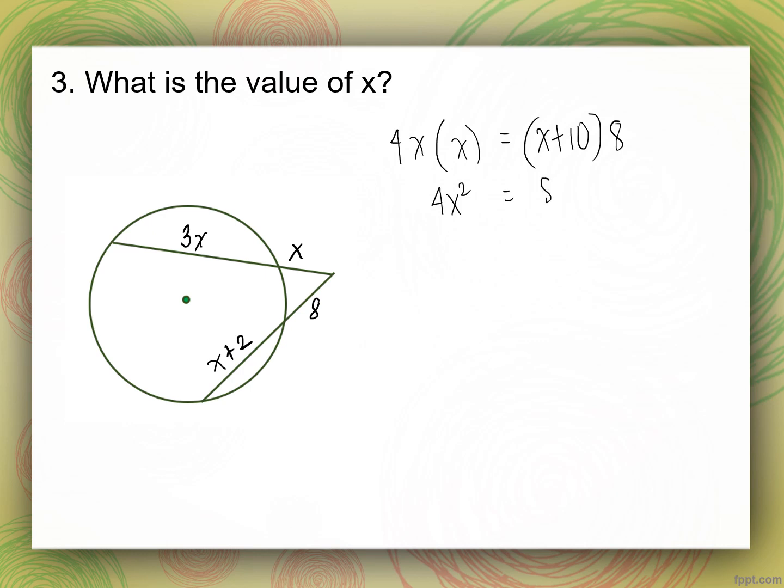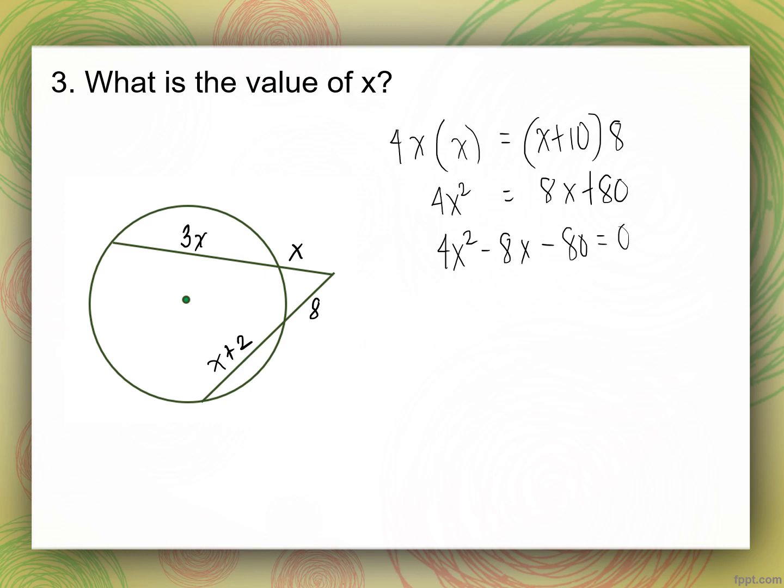you will have 8x plus 80. Okay, so let's transpose the terms on the right side to the left. So you will have 4x squared minus 8x minus 80. We can simplify this.